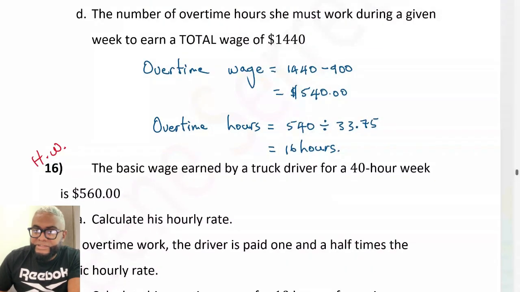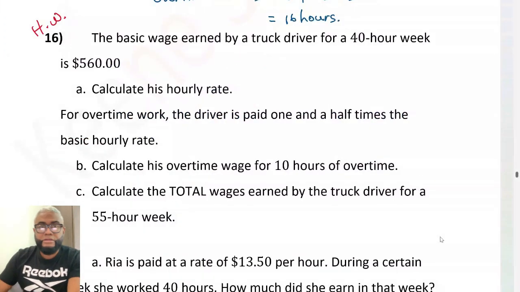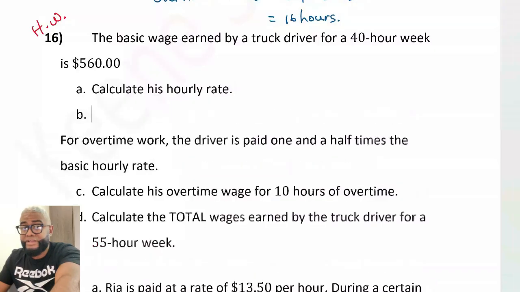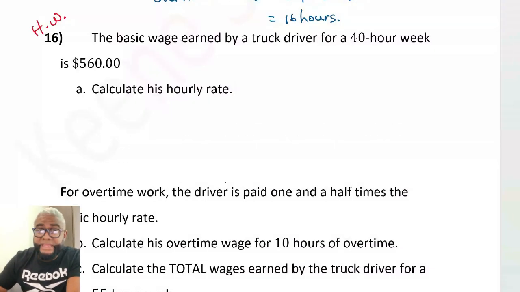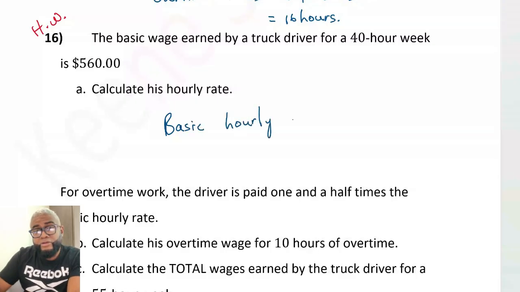If I could remind you to pause this, press play. So the basic wage earned by a truck driver for a 40-hour week is 560. We want to work back how much he is making per hour, right? So this is your basic hourly rate.